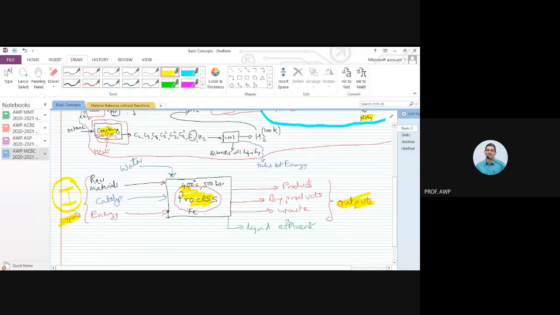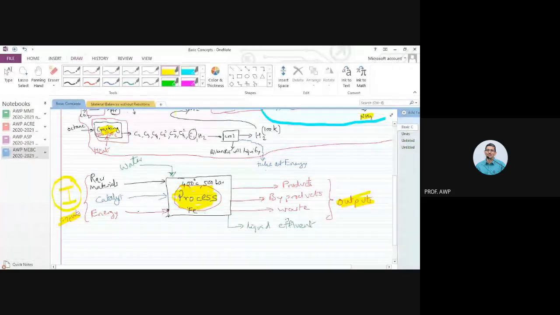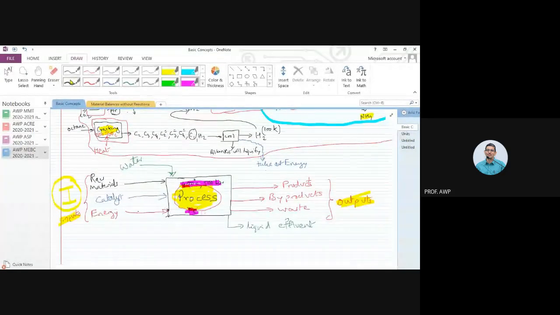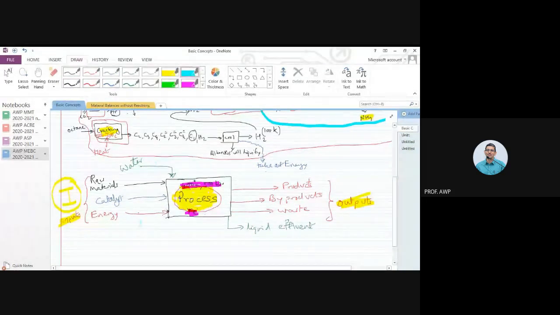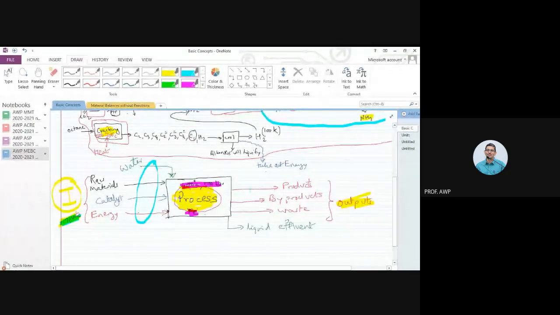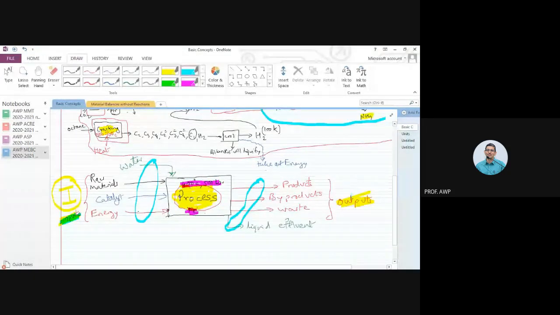We might write conditions along with the process. Operating conditions we might write. And then we draw arrows. These arrows tell you what is coming as input into the process, and the arrows that are going out of that block tell you what is going out of that block.